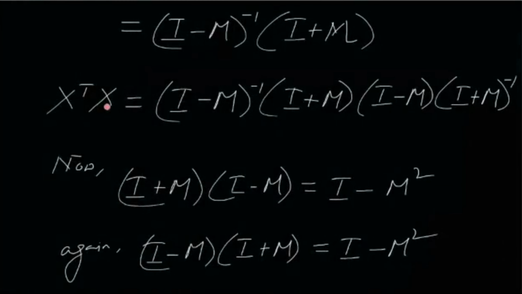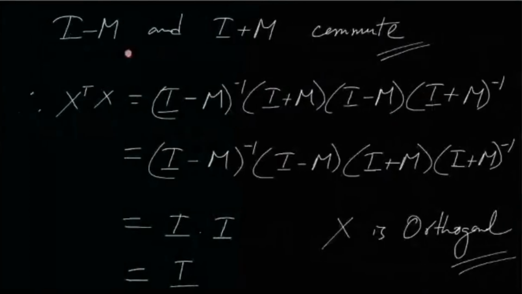Now X transpose X is I minus M whole inverse into I plus M, and writing X here, I minus M into I plus M whole inverse. Now I plus M into I minus M is I minus M squared, and I minus M into I plus M is again I minus M squared. That means I minus M and I plus M commute, so the product can be written in either order.